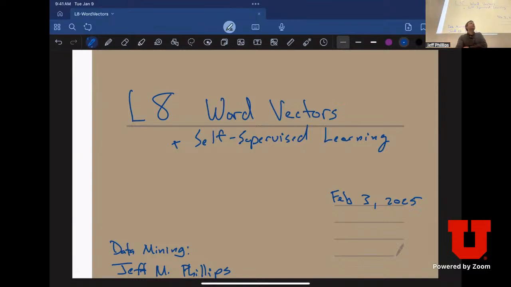We'll also talk about them in the context of self-supervised learning. In this class, I told you we were not going to do full supervised learning. We're not going to do classification and regression, but we are going to talk about self-supervised learning, a lot of data minus unsupervised learning.